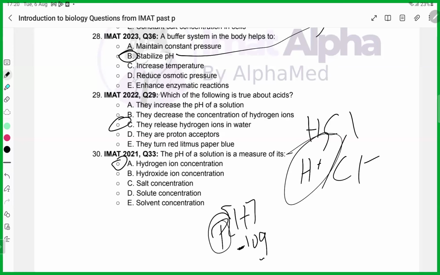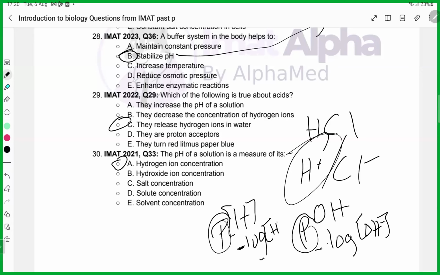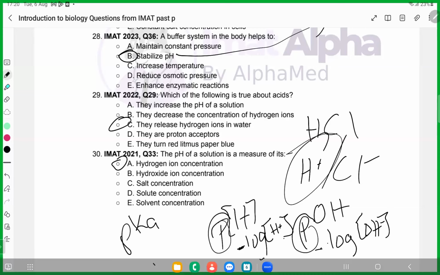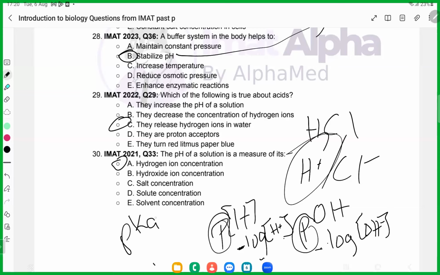If we say pOH, P means minus log, so minus log of the concentration of OH minus. So when we have anything that starts with P, let's say pKa, pH, pOH, the moment you see a P in chemistry, it means minus log. And then you know the concentrations, and we're done with the questions.